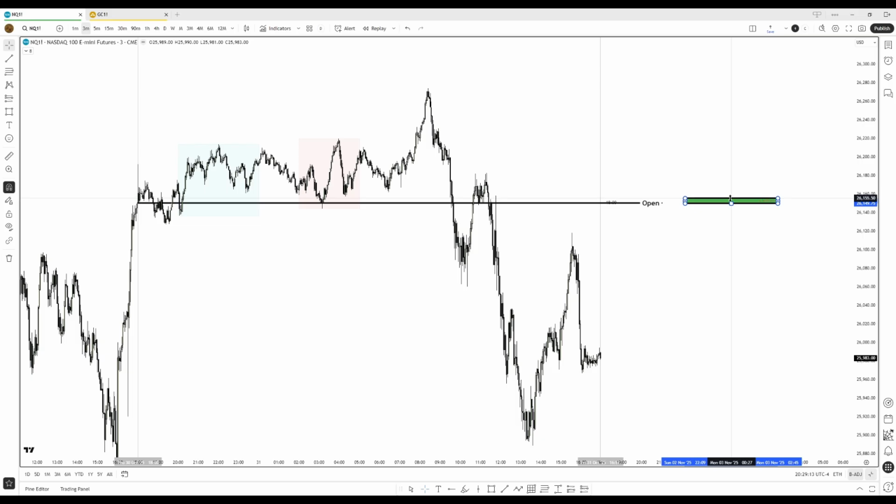Okay, now we're back at the open, and now we're going to change the color, because we're moving below the open price. Now it's going to look like this. But since we're down here and price made a high here, this is the current high it made, the candle looks like this.